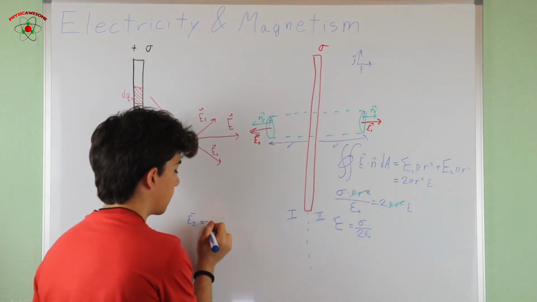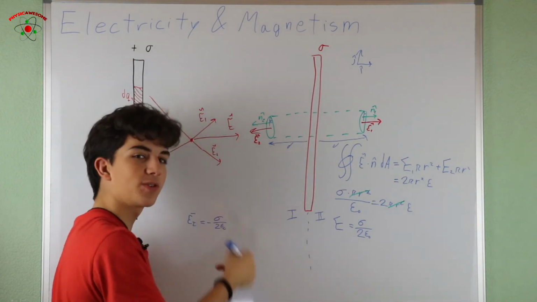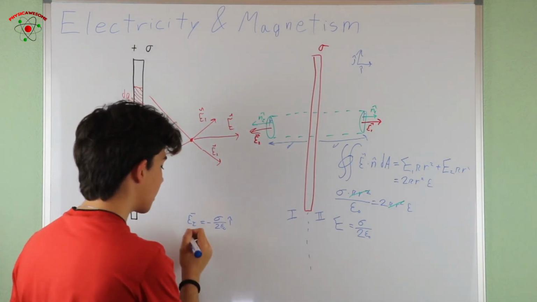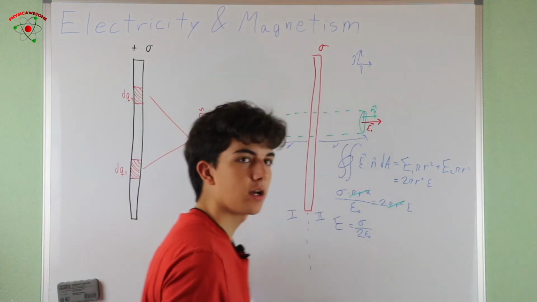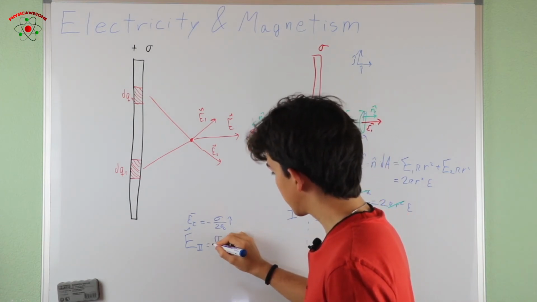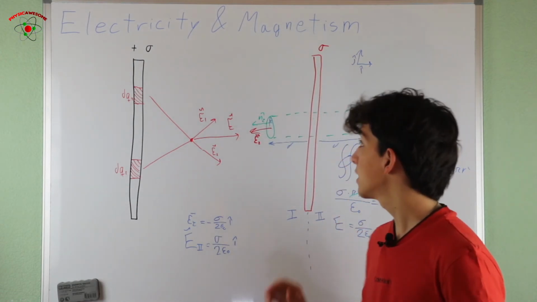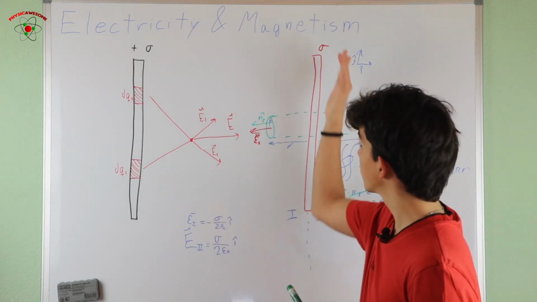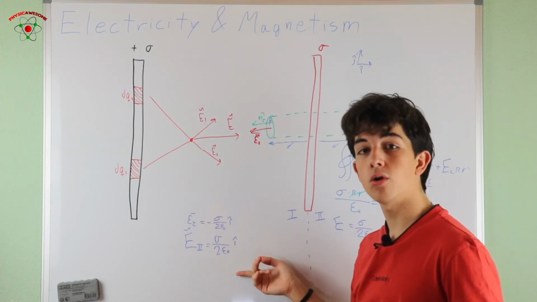So it's minus sigma over epsilon naught... I keep confusing epsilon and sigma. Minus sigma over 2 epsilon naught times i hat. And in the second region, it's going to be equal to sigma over 2 epsilon naught i hat. And this is going to be the electric field generated by a uniform thin sheet. And we see it's really constant all throughout space.